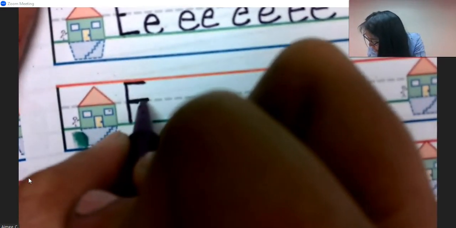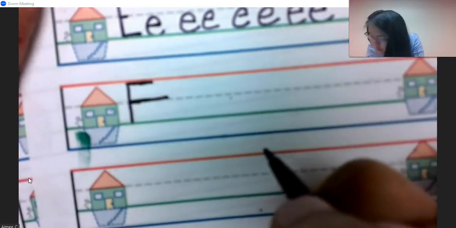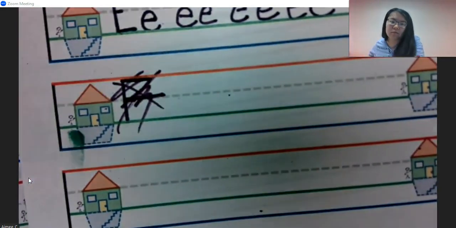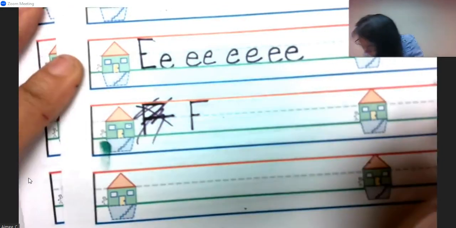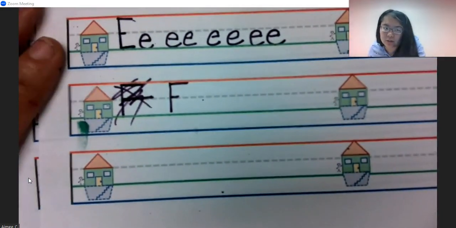Capital F. Make sure this one is shorter, okay? So it's okay if it's as long, right? If it's the same length, it should not be longer. This is no bueno. Why is it so blurry? Okay. So, right, capital F. Longest line on top, shorter line in the middle.